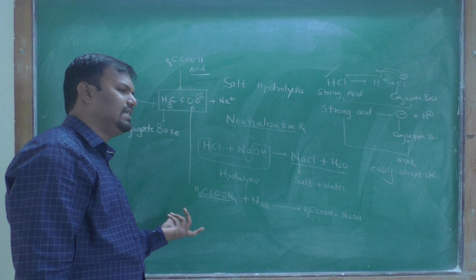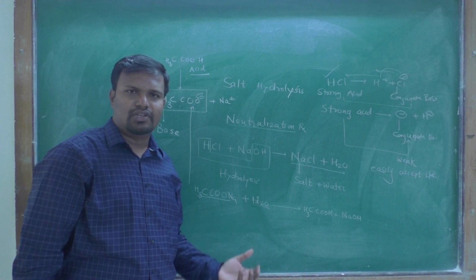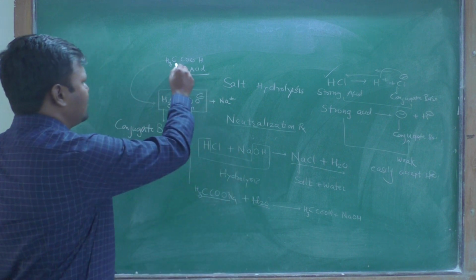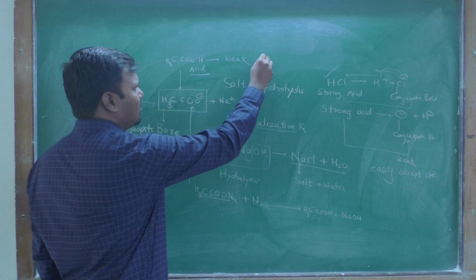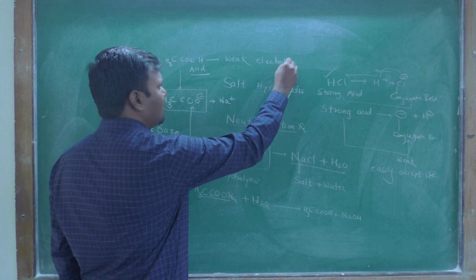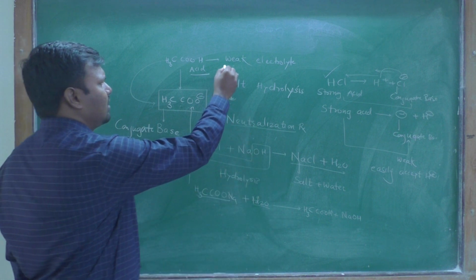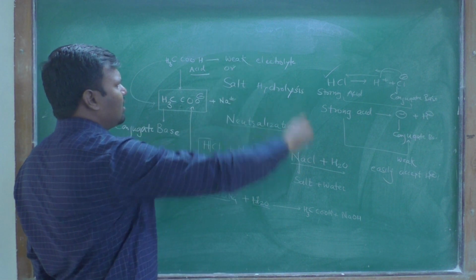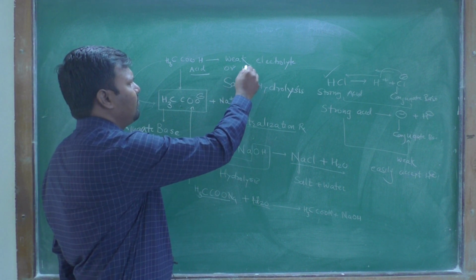Okay, therefore if a weak acid is there, after dissociation it gives a strong base. Therefore CH3COOH is a weak electrolyte, or it is a weak acid.